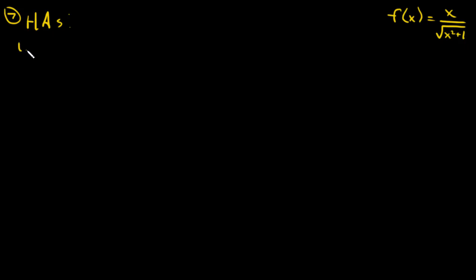Let's start off with the limit as x goes to positive infinity. As it goes to positive infinity, if you remember that the root of x squared is kind of like an x, so the highest power x is just x to the first. That's what I'm going to divide every term by. So this is going to be x over x over root (x squared plus 1) over x.